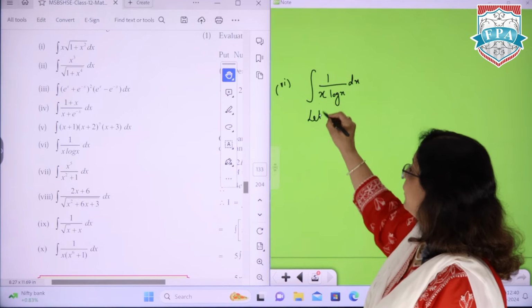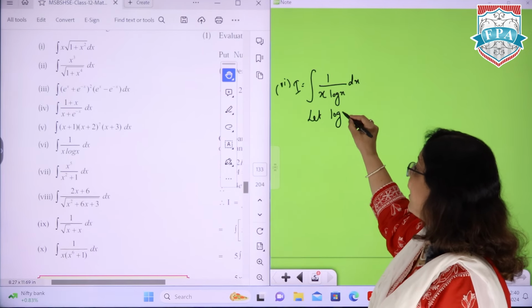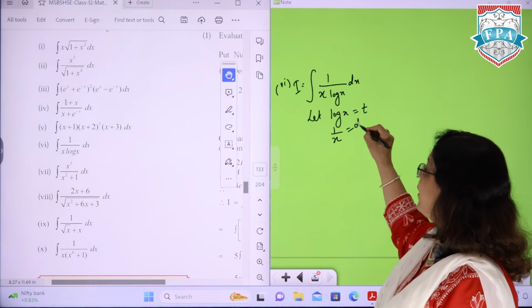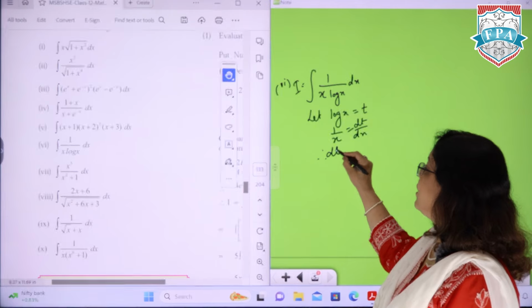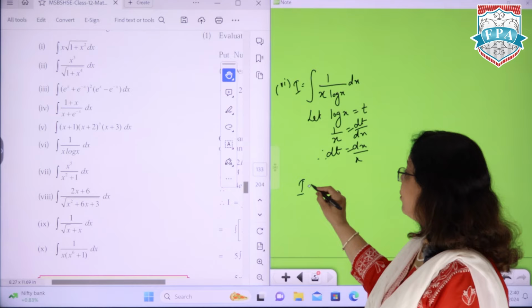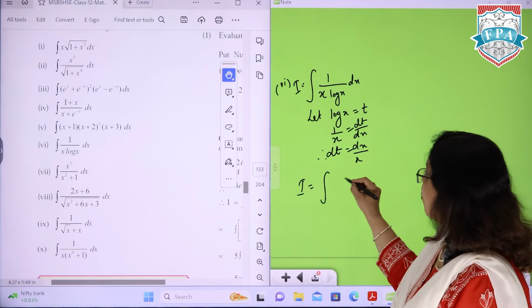So let, and don't forget to write this I, let log x is equal to t. So 1 by x is dt by dx, and therefore dt is equal to dx by x. So now your question becomes very simple here.